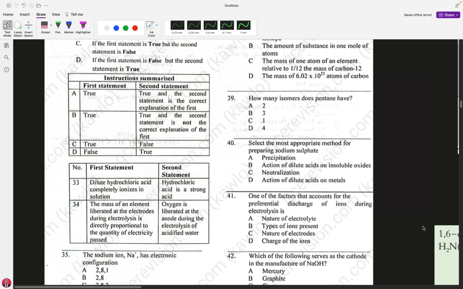What are strong acids? According to the Arrhenius theory, strong acids are acids that, when dissolved in water, ionize completely.